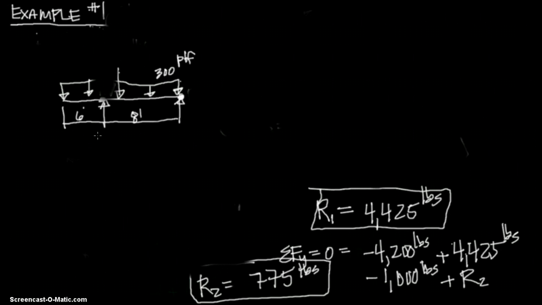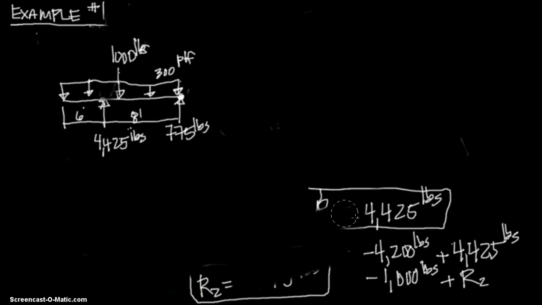And we had R1 was 4,425 pounds, and R2 was 775 pounds. And this was 1,000 pounds, I believe. Yes, 1,000 pounds. LBS. Close enough. All right, I'm going to erase the rest of this now.